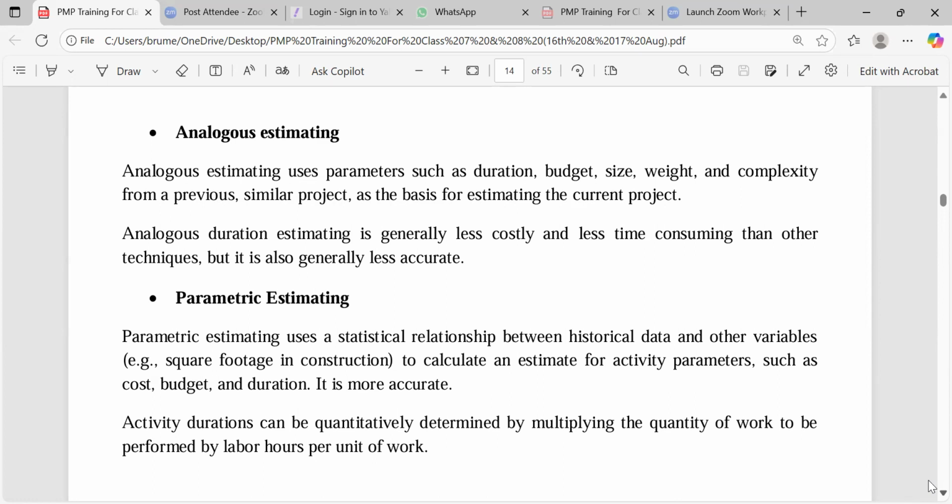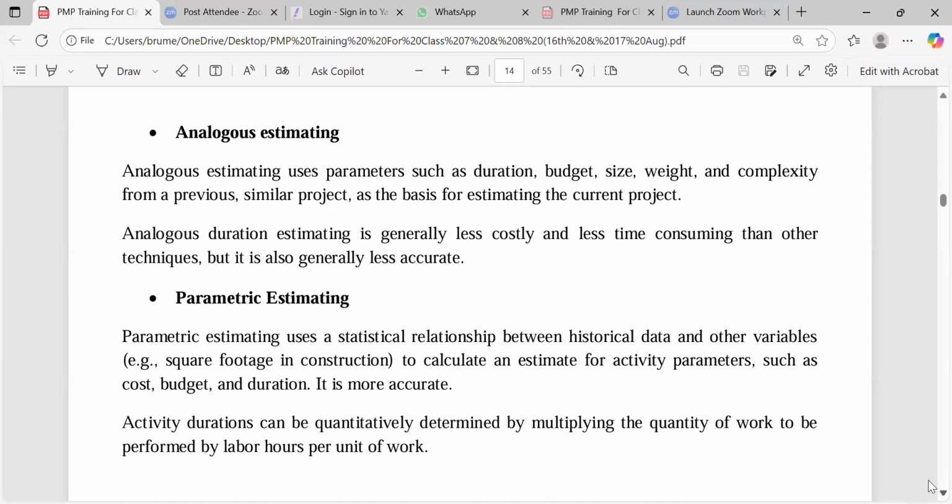By so doing, you're using a parameter, a statistical relationship. You're looking at historical data also in a way, and other variables. But right now, not particularly historical data. Maybe you just use what the analogous estimate has provided, to guide yourself.